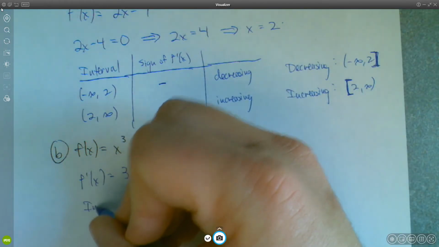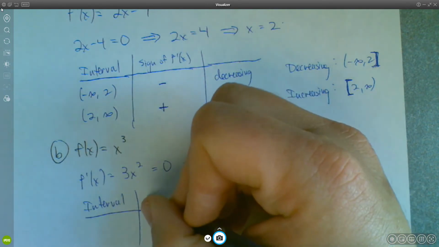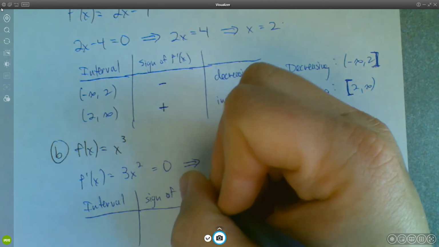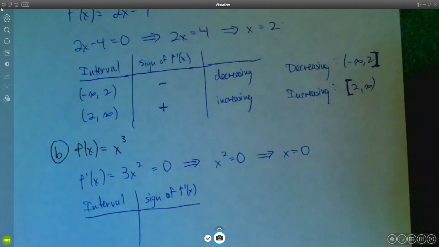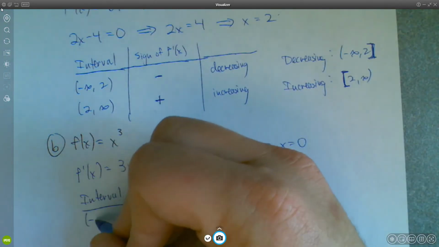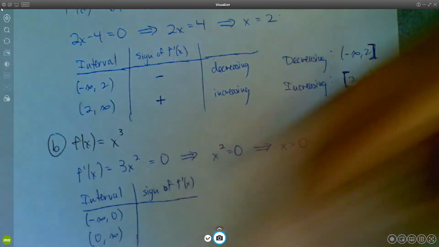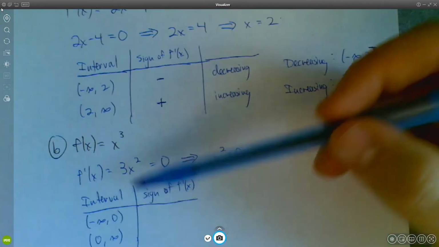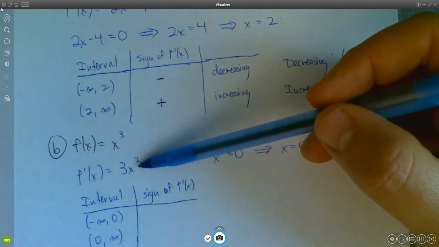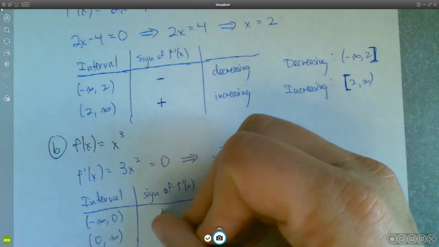Well, so if we make a sign chart again, we have stuff to the left of 0 and then stuff to the right of 0. And if we plug in values here, like if I plug in, say, -2 to the derivative here, -2 squared would be a positive number, and a positive times a positive would still be positive.